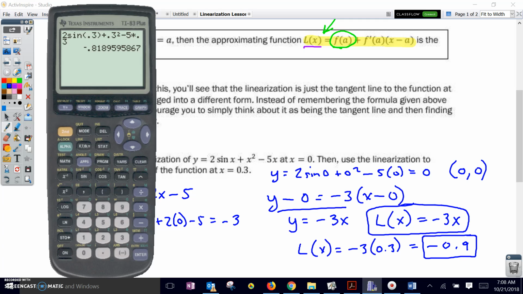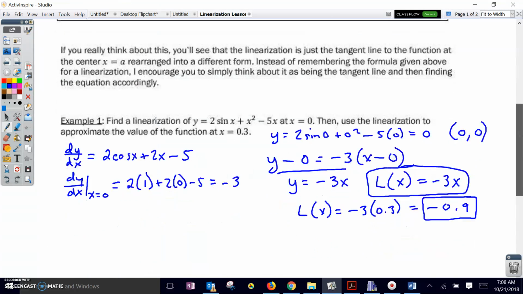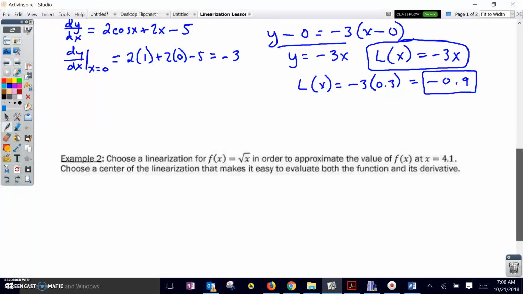So that's a pretty decent approximation. Not super duper, but a pretty good approximation of the value. And the calculations to find the value from the linearization are significantly easier than the calculations from the function.